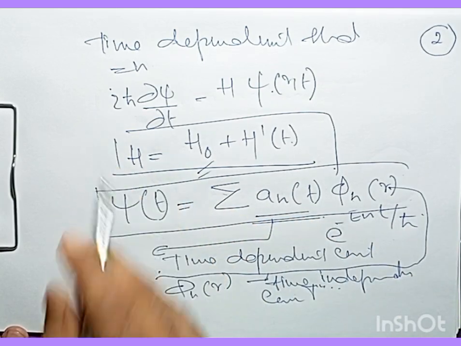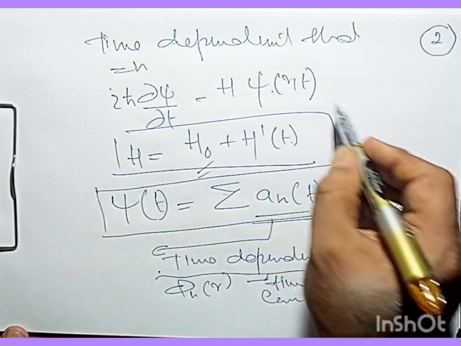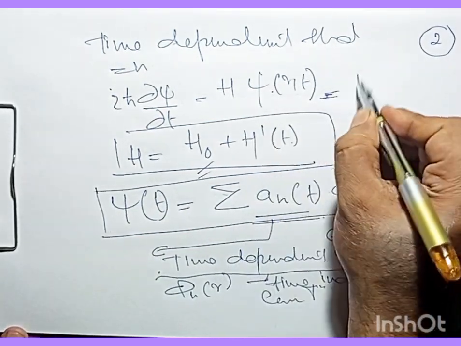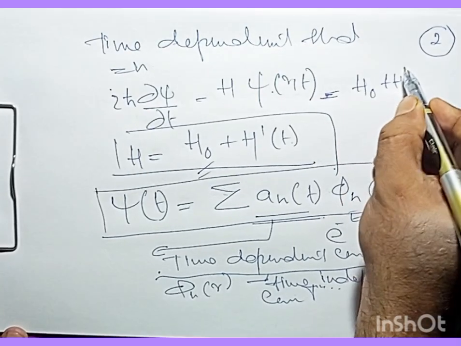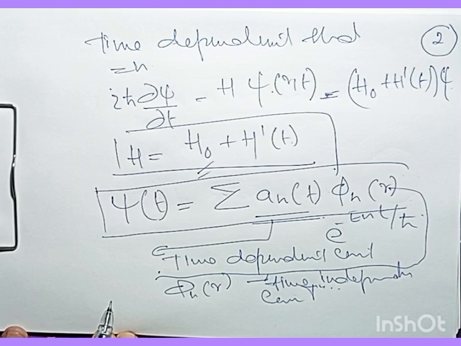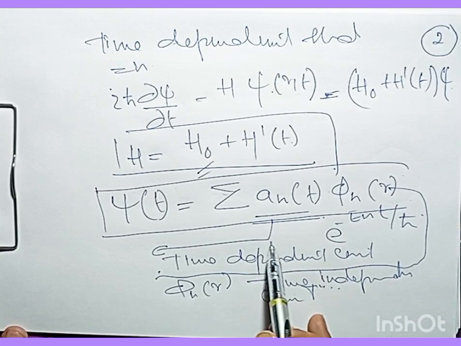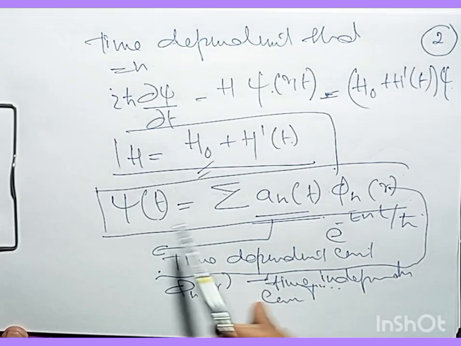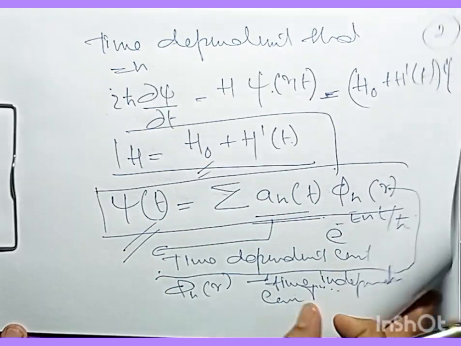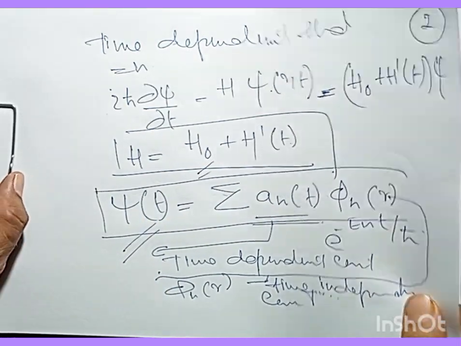And what we would like to do is substitute this wave function into the Schrödinger equation. So here we have the Schrödinger equation, i h cross ∂ψ/∂t equals H naught plus H dash of t, times ψ.